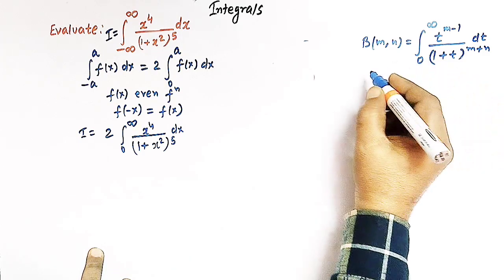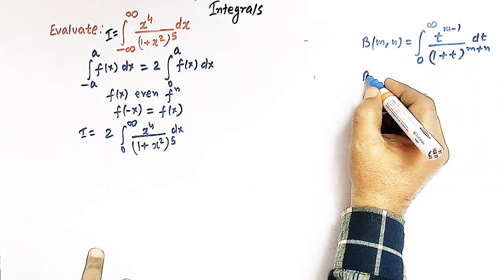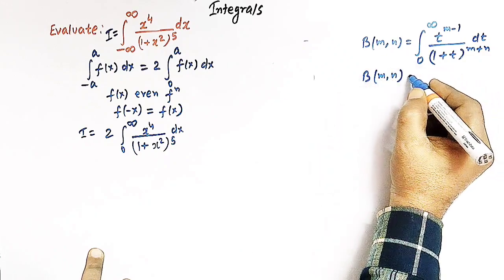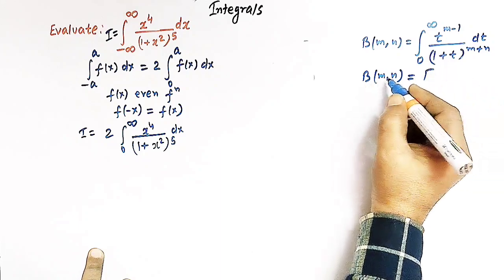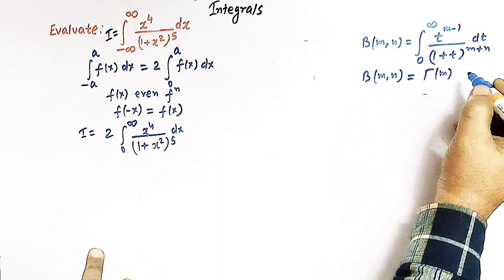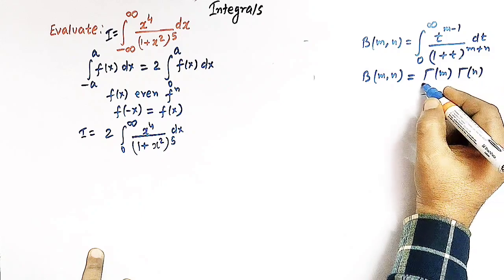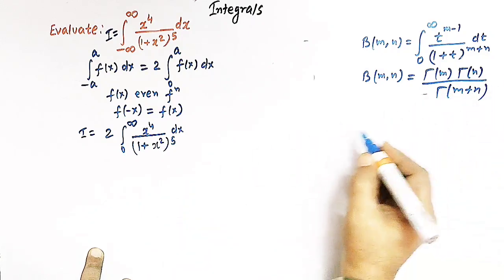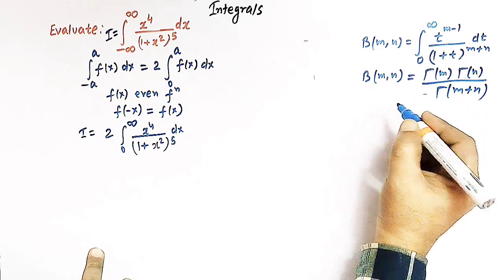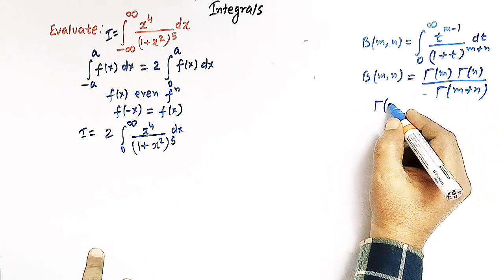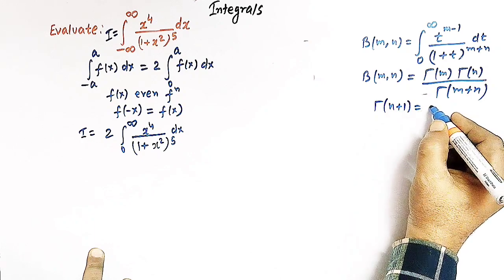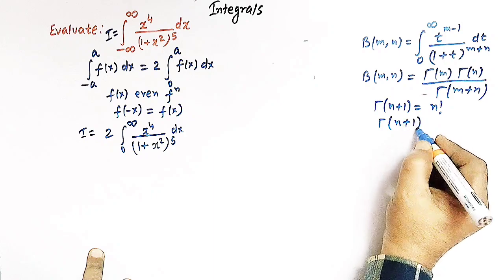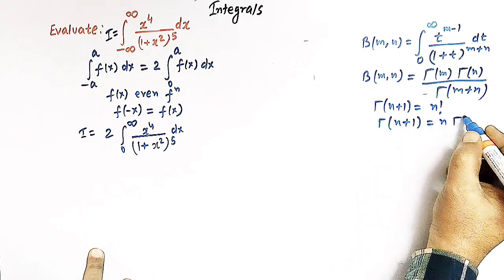Moreover, here we will also utilize this important result which connects the beta function and the gamma function, that is beta m comma n is given by gamma m gamma n divided by gamma m plus n. And we will also make use of this result, that is gamma n plus 1 is equal to n factorial, and gamma n plus 1 is equal to n gamma n.